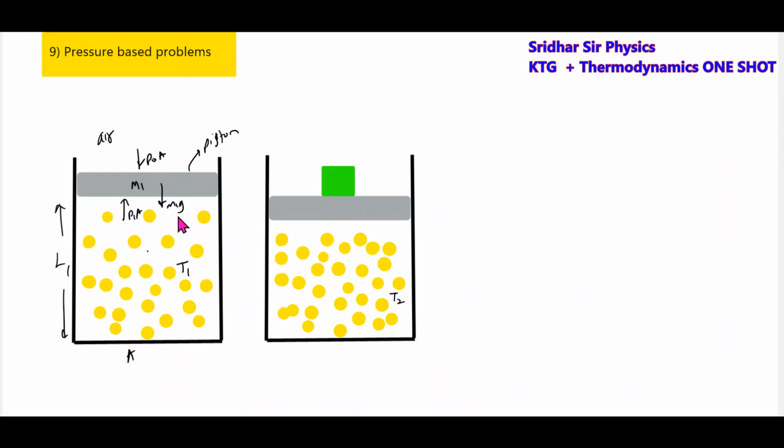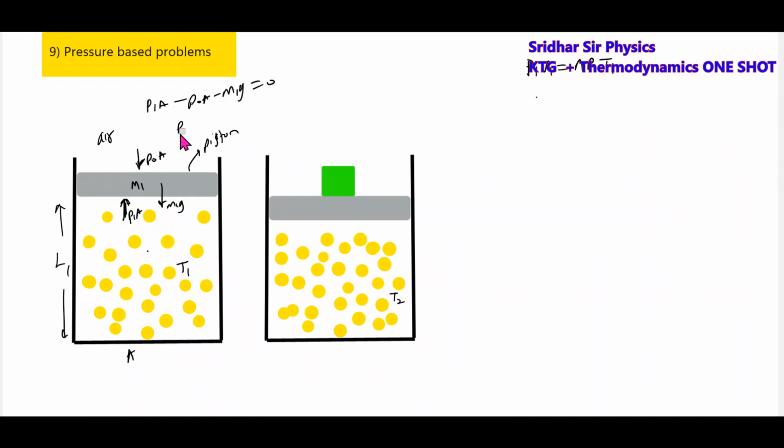For the number of moles, we write P1 V1 equal to nRT1. Who will balance the pressure force of the gas? The resultant force exerted by the gas molecules on the piston is called the pressure force. So this will become P1A minus P0A minus m1g equals 0.